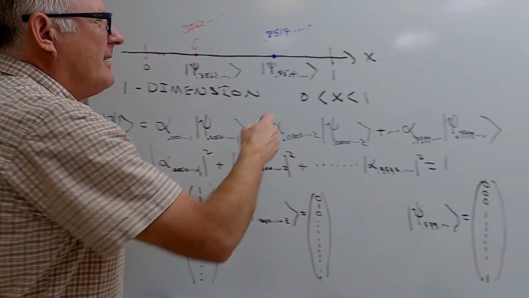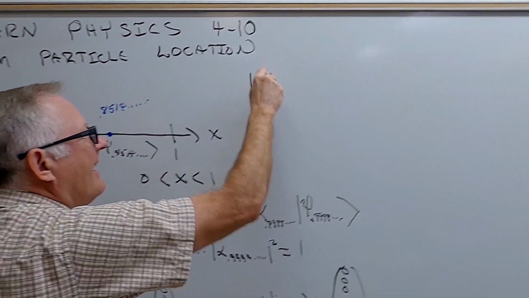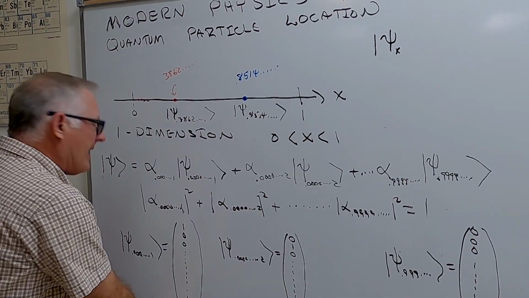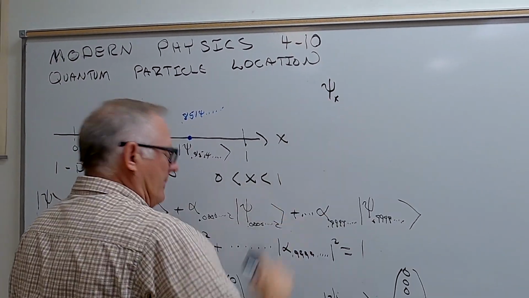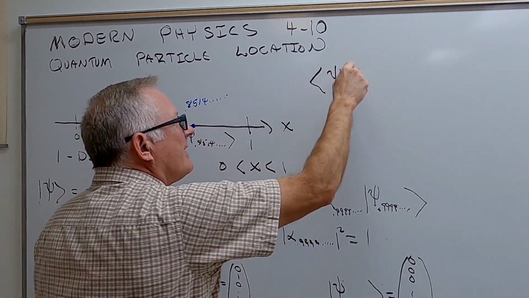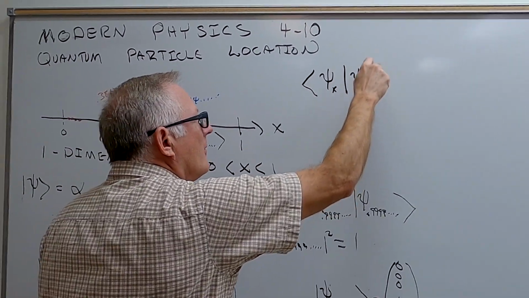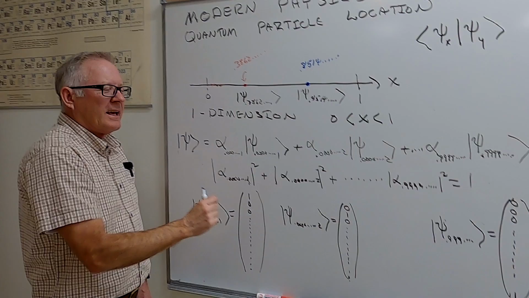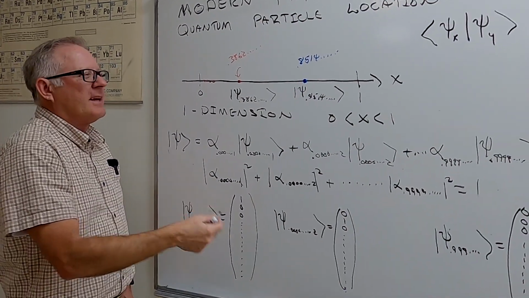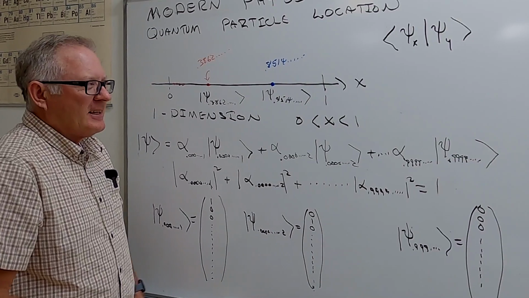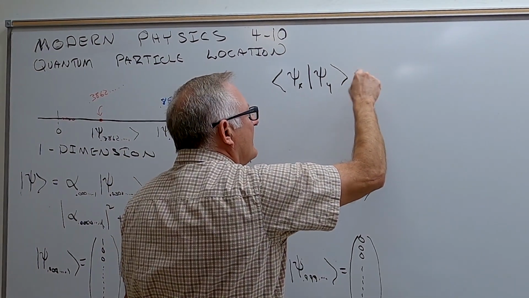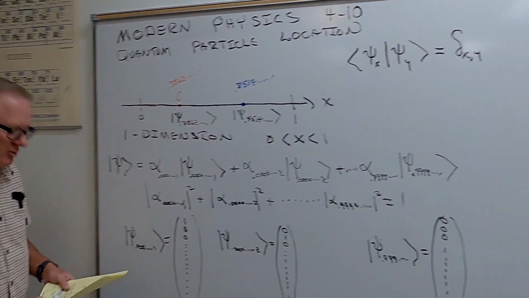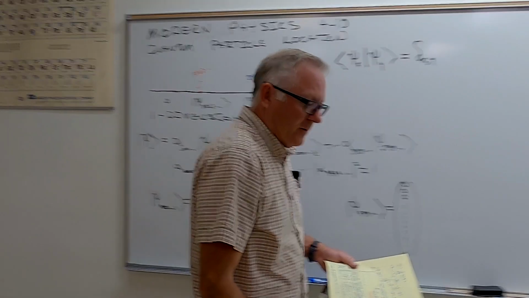So if I did any psi of x with psi of y, where x and y are just two of these values, you would get 1 when x equals y, and you get 0 when x is not equal to y. Again, that's our orthonormality. A shorthand notation, I could write it like this: it's 1 when they're equal, 0 when they're not equal.